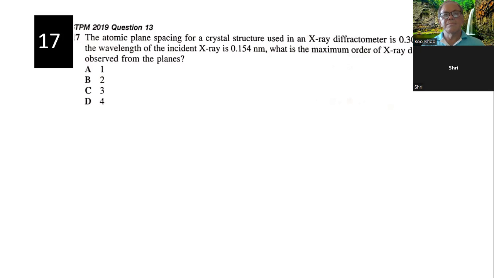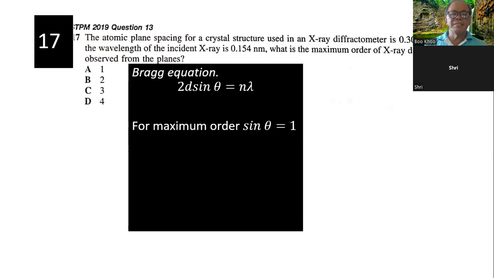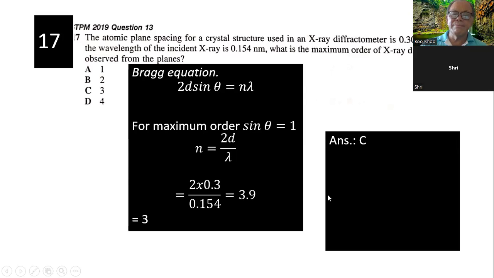So, C. Use the same equation. For maximum order, always put your sine theta equals to 1, or theta is 90 degrees. Then you want your n, take your lambda across, put in your value. No need to change, 2 times 0.3, and that's your wavelength, they are basically nanometer. Okay, C, correct. You cannot round it up to 4. 4 will be greater than 90 degrees already.